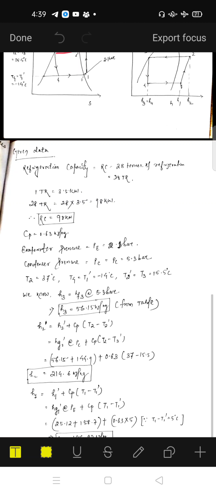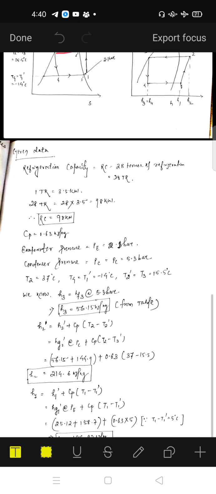Similarly, you can find the enthalpy at 2: H2 will be H2 dash plus Cp into T2 minus T2 dash, and from this the enthalpy at point 2 will be 214.6 kilojoule per kg. After getting H2, you can find H1, by putting in the formula: H1 will be H1 dash plus Cp into T1 minus T1 dash.